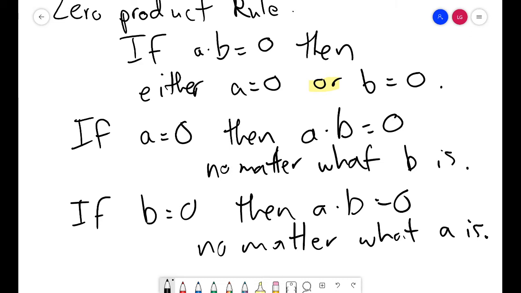Not only if they multiply to zero, then either A is zero or B is zero. That's really important, but that statement is actually a bridge farther than we may want to start here. It has an implication that when you factor, if you're looking at all the factors correctly, you are looking at all of the possible potential answers.